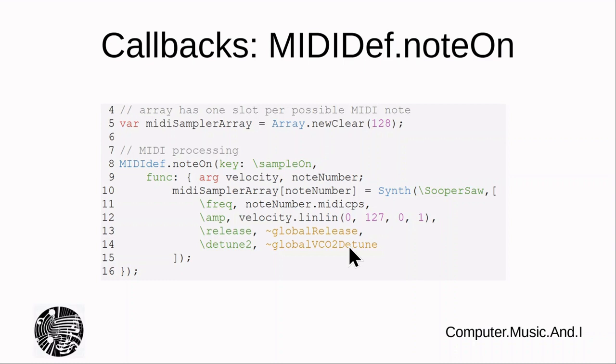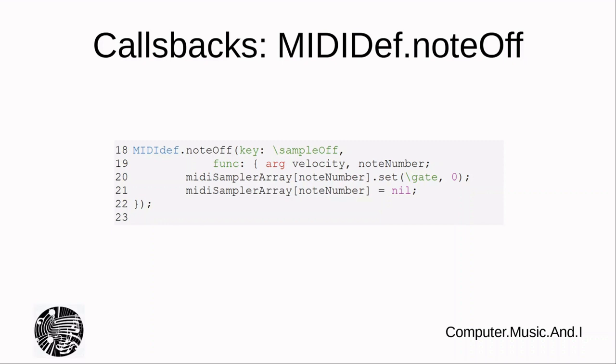Okay, but what is happening when the key is left? Well, if you let go of the key, then we will get a note off event, and the note off event is just the same thing. We've got a functional object, velocity and note number, and now the following happens. The MIDI sampler array at the note number, we are going to set the gate to 0. We've seen that in the last video.